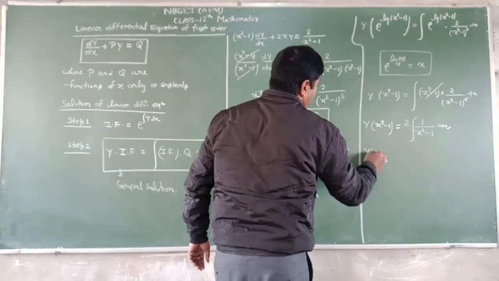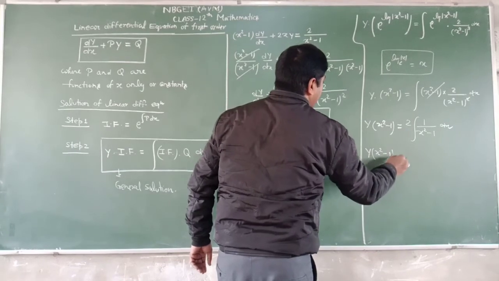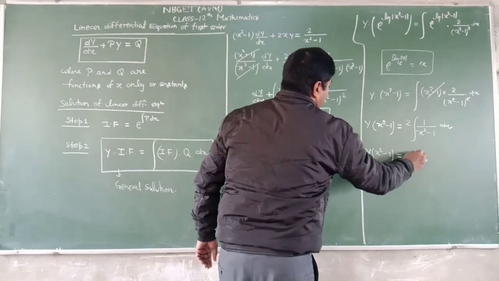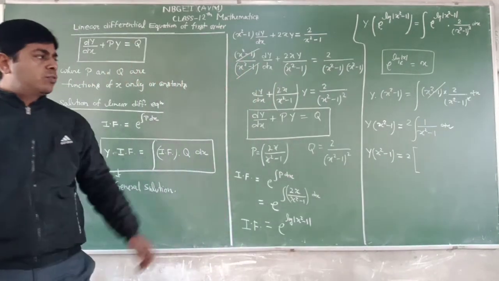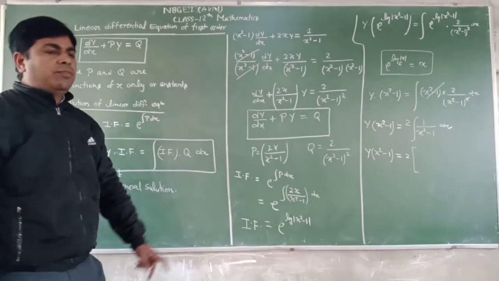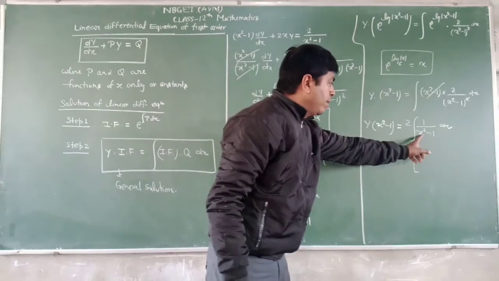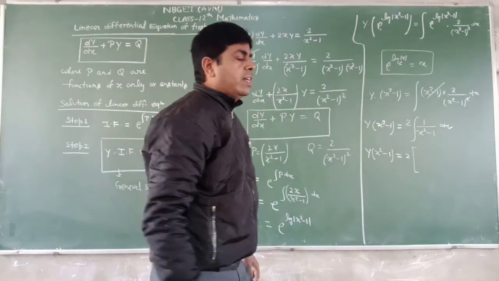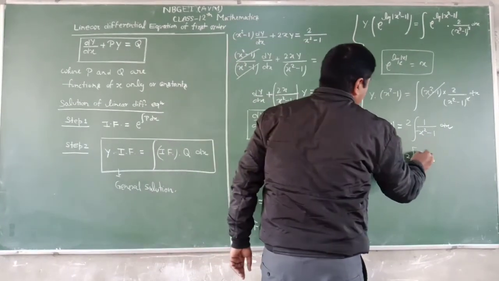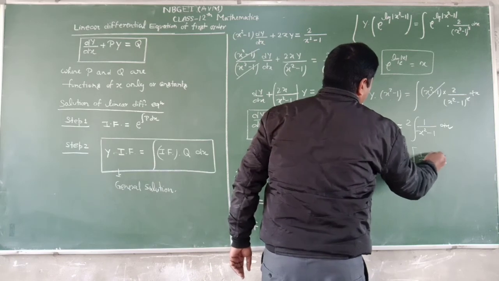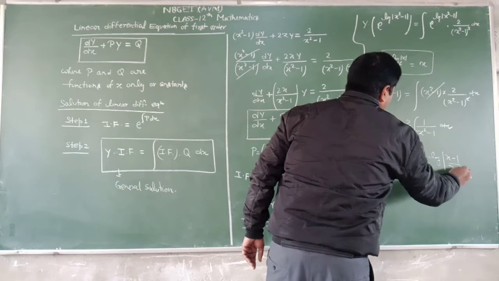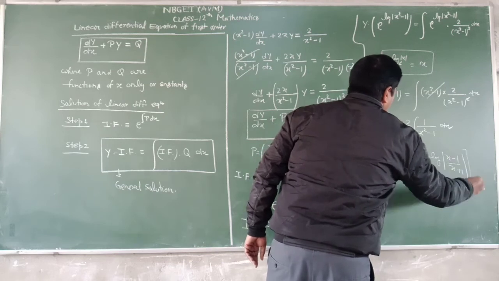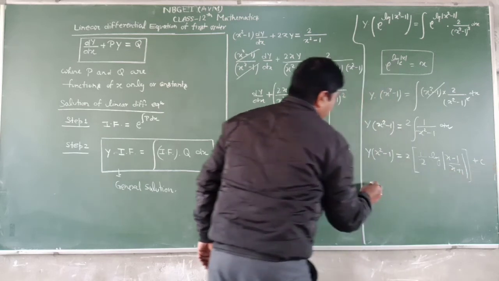This is the form of 1/(x² − a²), 1 upon variable square minus constant square. So the integration of this is (1/2) log|(x − 1)/(x + 1)| + c.